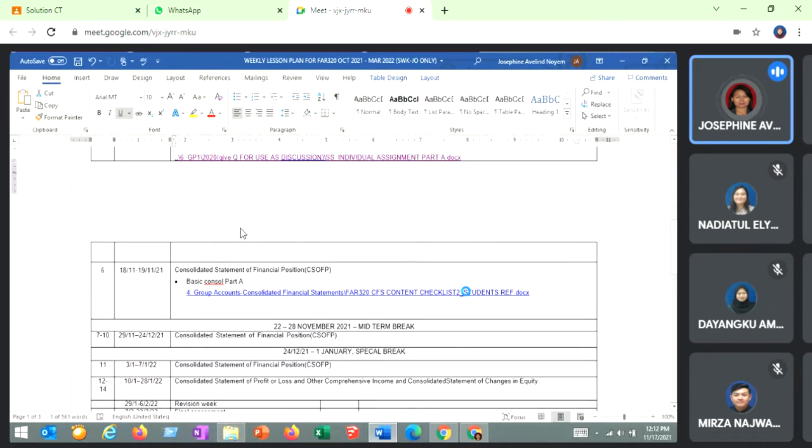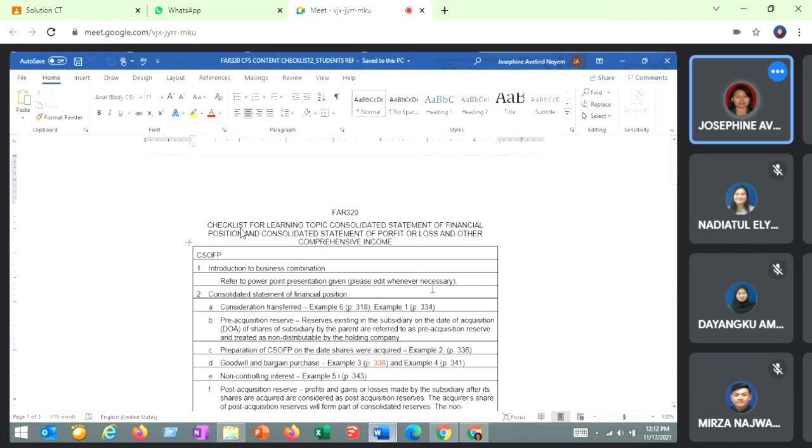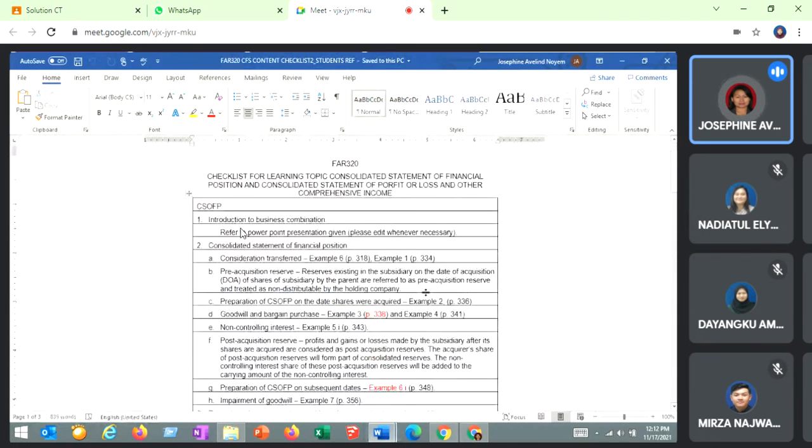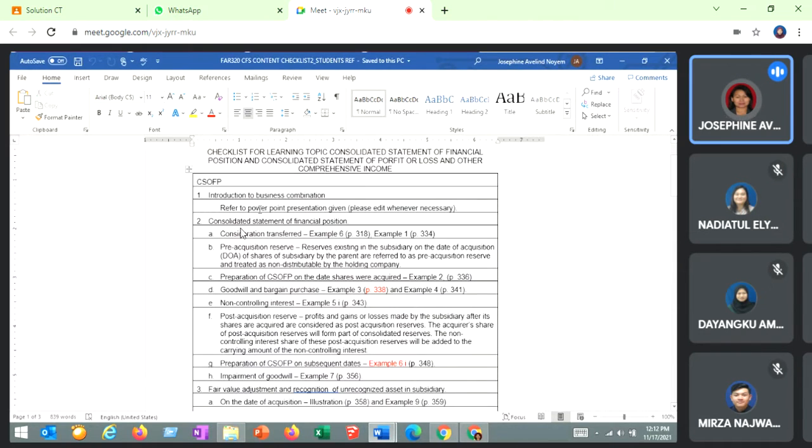Let's take a look at the checklist here first. These are the areas that we are going to cover. I'm going to introduce to you the basic introduction to business combination. And then we will go into preparation of the consolidated statement of financial position.